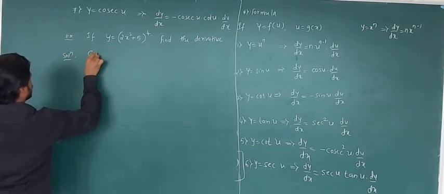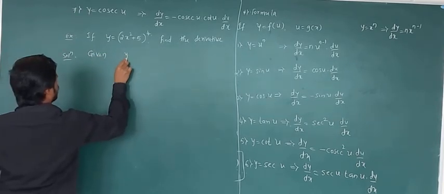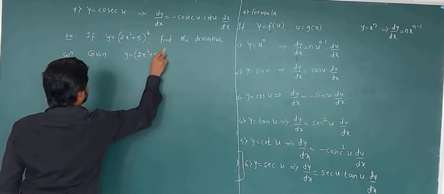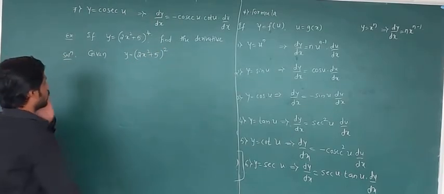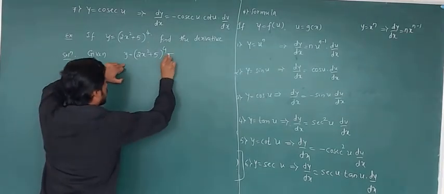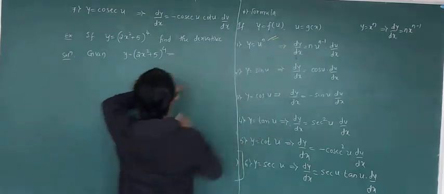Given here y equal to 2x square plus 5 whole to the power 4. So now compare this equation with this function.